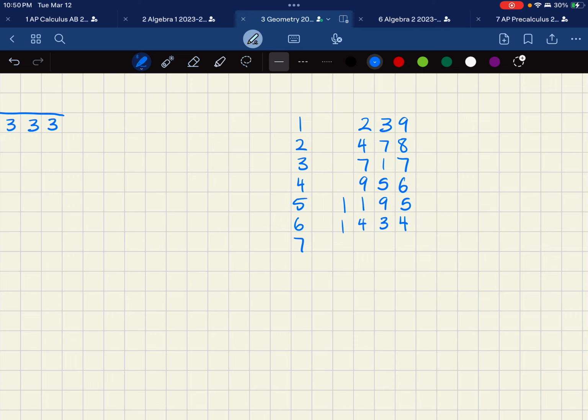Adding on another copy is going to give us 1,673. Adding on another copy gives us 1,912. And finally, 9 should be 2,151.